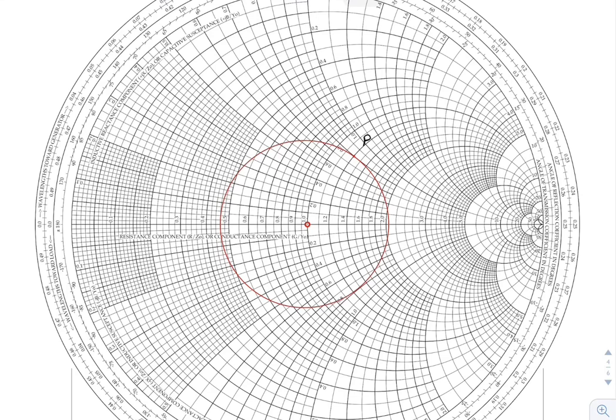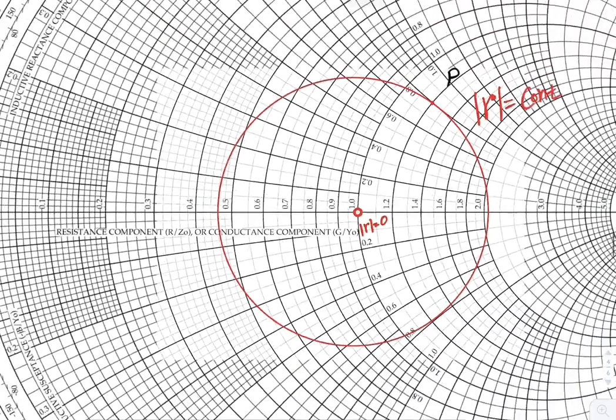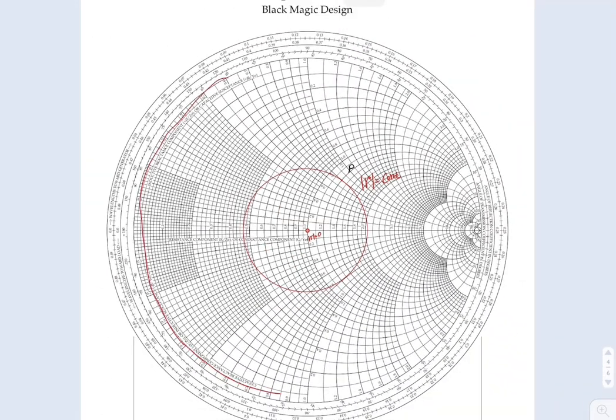The circle that I have drawn represents mod gamma equal to some constant value, whereas the point at the center of the Smith chart represents mod gamma equal to 0, where the reflection coefficient is 0. And the circle at the outermost line of the Smith chart represents mod gamma equal to 1. These circles we call gamma circles.